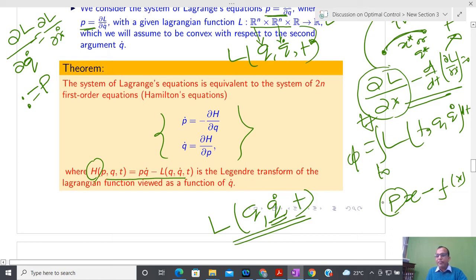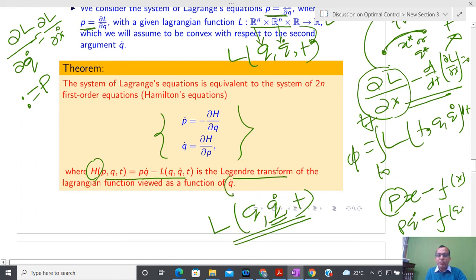So some kind of matching people have thought, and using proof you are able to see it. If I select q̇ in place of x, then pq̇ comes into the picture and this function remains as it is. In this way I can define another variable, and this transformation is nothing but the Legendre transformation.